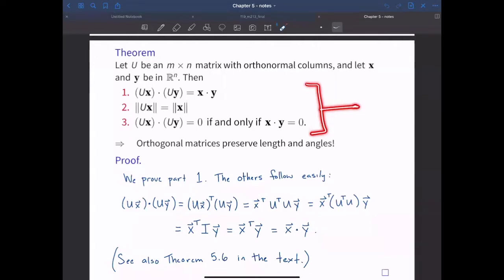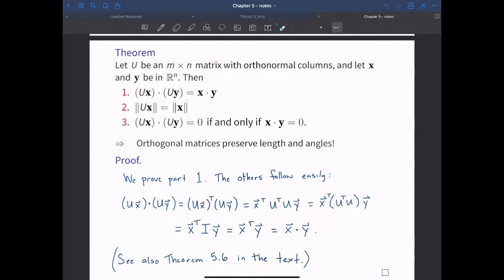Normally, when we apply a linear transformation, it may rotate vectors, and 2 vectors that were orthogonal to each other may get squished together. That can happen with a regular matrix. But for an orthogonal matrix, if you have 2 vectors and the angle between them is 30 degrees, then when you multiply them by the matrix, the angle between them will still be 30 degrees.